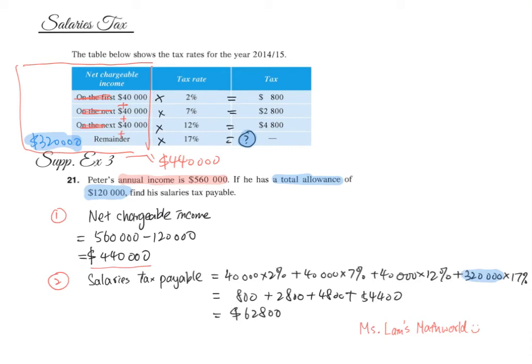So, try to understand the concept. Number one, net chargeable income will always be annual income for 1 year minus total allowance. Then you can get the net chargeable income to do the calculation. You will be separating into 4 parts this time, then we pay the tax for 4 different layers. This is the 4th layer, and the total equals the sum of the 4 numbers.